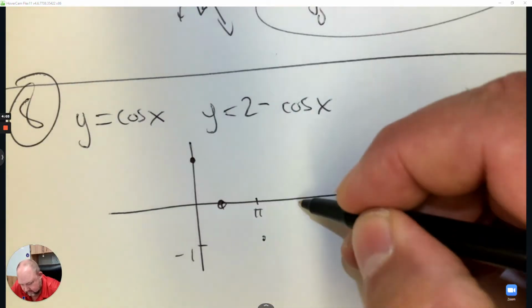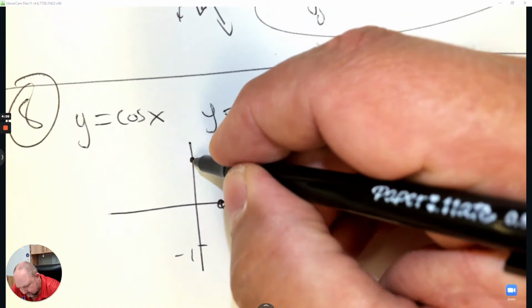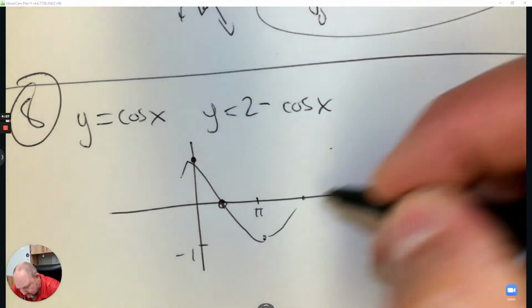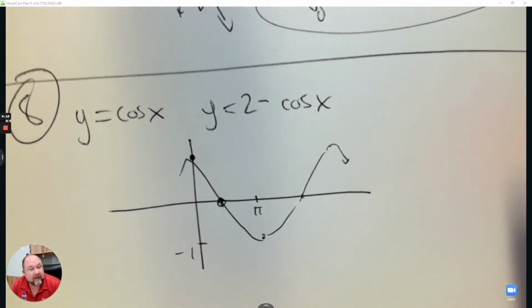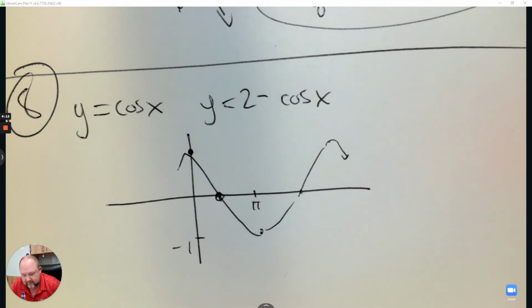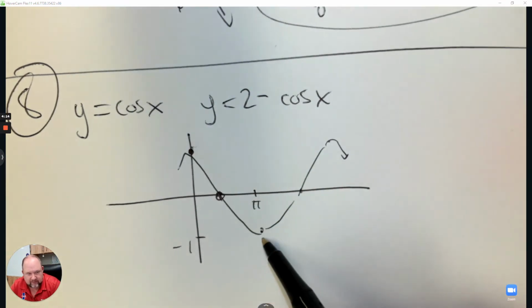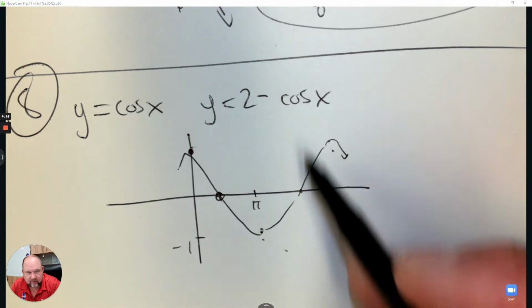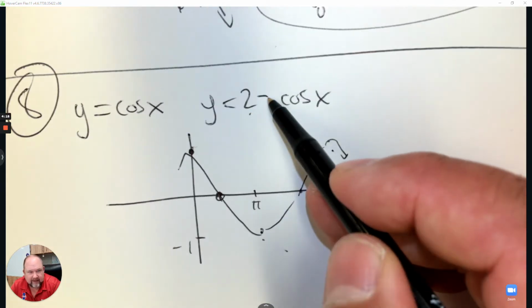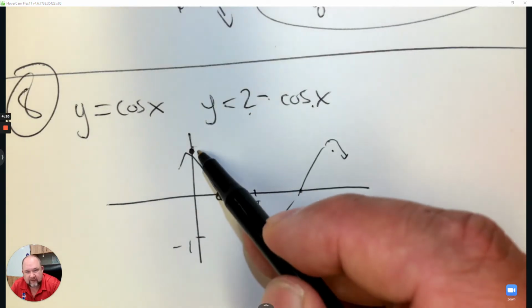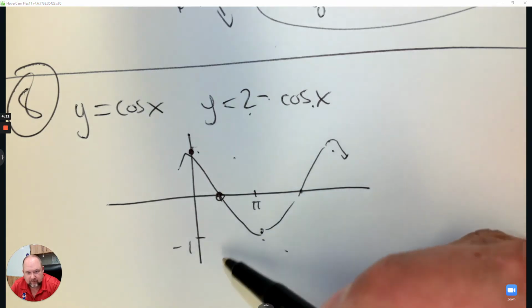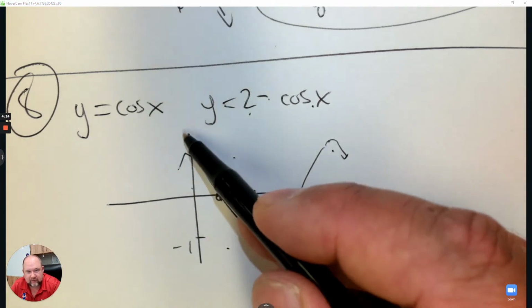See if I get this graph. All right, so there's the graph for cosine x. It starts on top, it goes to the bottom, goes back. That's one cycle. Now 2 minus cosine x. So negative cosine x means that this would be reflected, but then it would shift up 2.